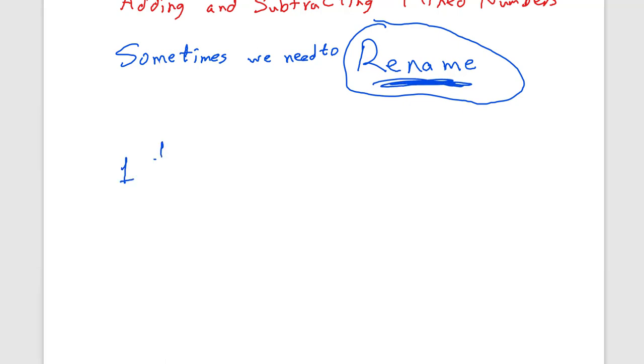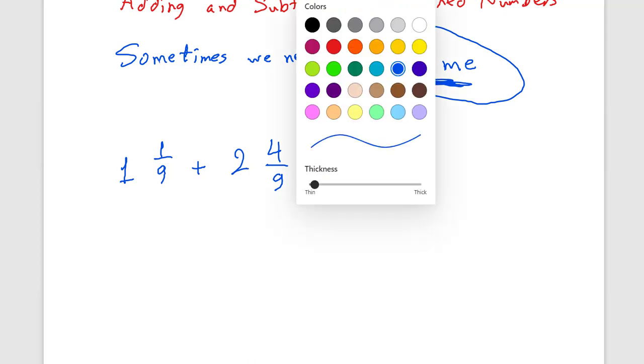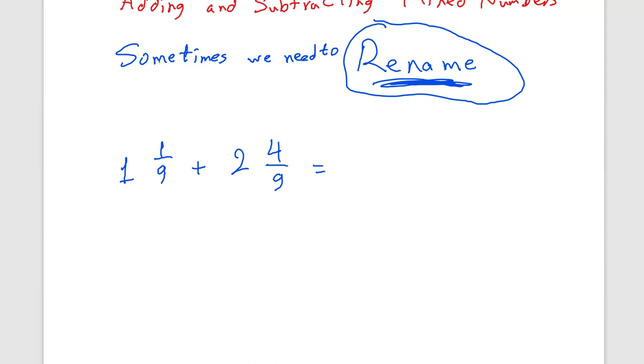If we have 1 and 1/9 plus 2 and 4/9, what we do to add is we add the fractions, then we add the whole numbers. So 1/9 plus 4/9 equals 5/9, and 1 plus 2 equals 3.